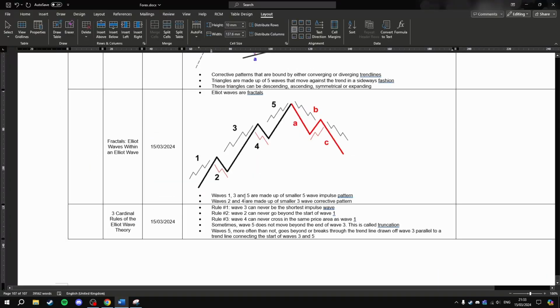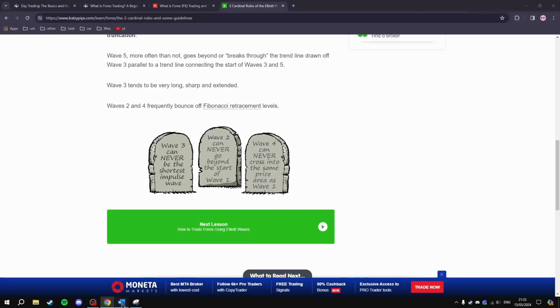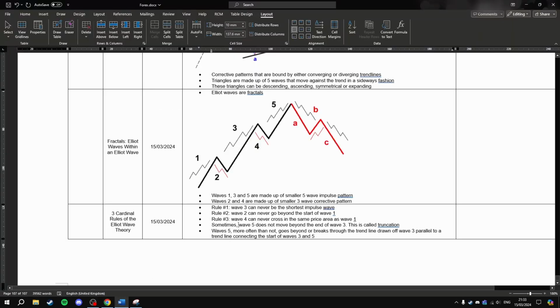Wait, wave 5. I don't know why it says waves. So this one here, more often than not, goes beyond or breaks through the trend line drawn off wave 3.